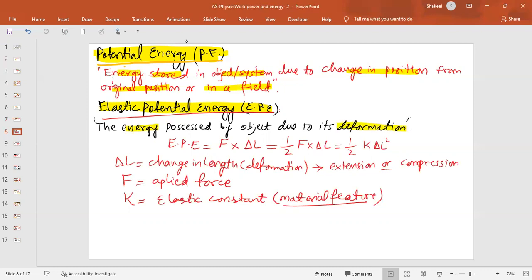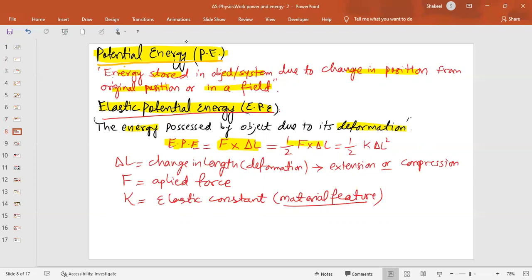Let's say you are tightening a spring, you are stretching a catapult, you are stretching a rubber band. So of course you change its position, you deform it. So due to deformation, the object gained elastic potential energy. Well, we'll study that in depth in the next chapter of deformation, but as it is energy, we have to study it over here as well. So elastic potential energy equals force into change in length. Yeah, the force that you applied and how much length is changed due to that force.